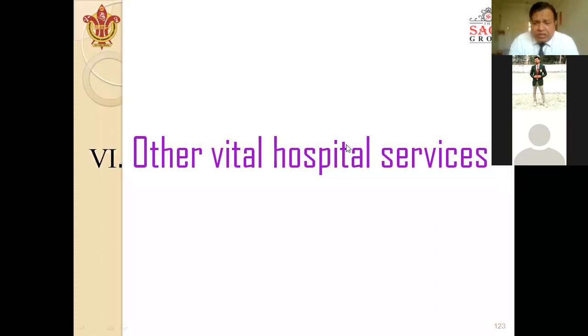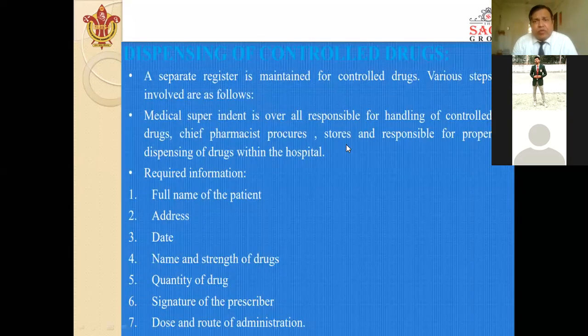Now, these are the important criteria of drug distribution system in hospitals. You must know, and some 4 marks question or short note question will come in an examination on this topic.